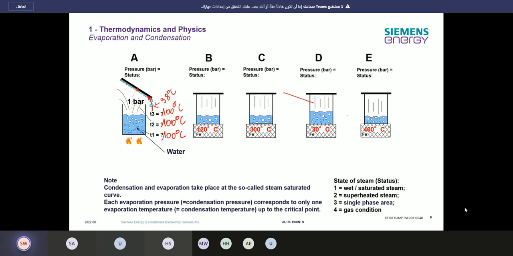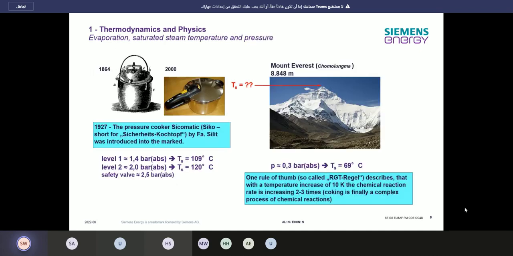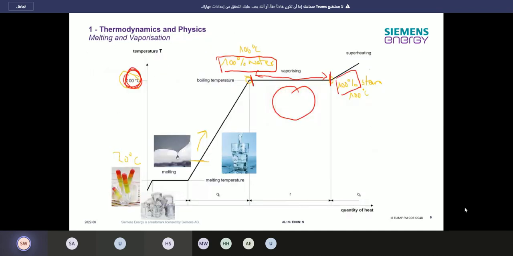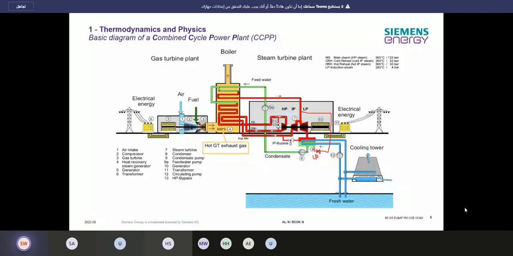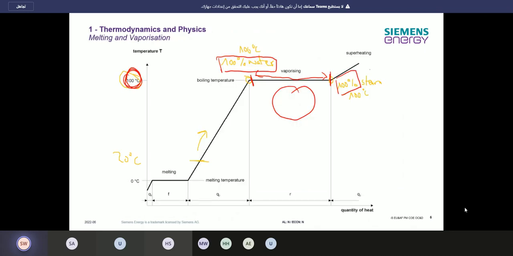So in the power plant, when we go back to the first page over here, we have somewhere in here the preheater, which is just warming up our temperature. So that's this phase here, up to probably 3, 4, 5 Kelvin under the evaporation temperature.